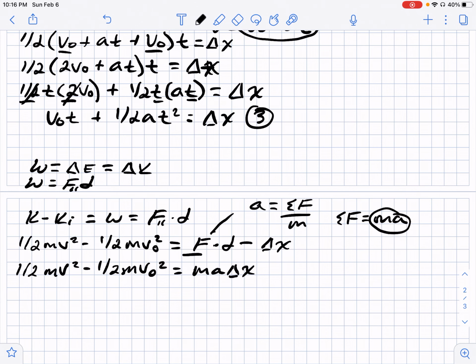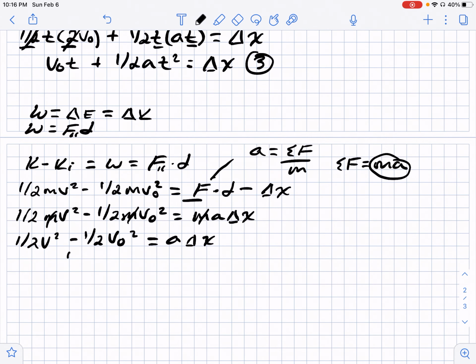Now looking at that, they all have a mass. That cancels. So I'm left with 1/2 v squared minus 1/2 v naught squared equals a delta x. Okay, so from here, we're going to rearrange this for the final velocity.